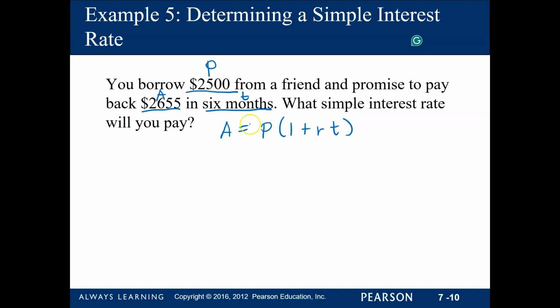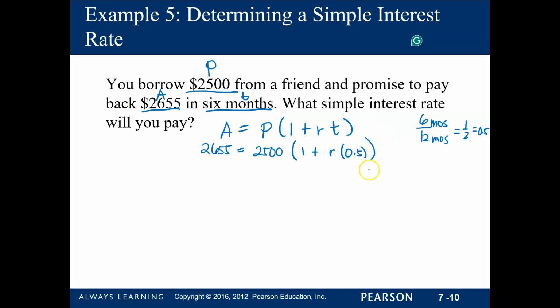Replacing all the values, A is the 2,655 equals P is the 2,500 times 1 plus our R, which is missing. And then our time is what? Well, according to the year, 6 months is out of 12 months. So we know 6 months is 1/2 year or 0.5. So our time is going to be 0.5.